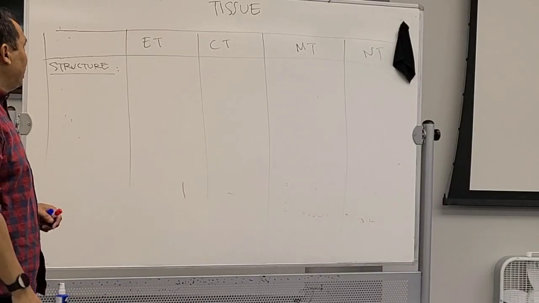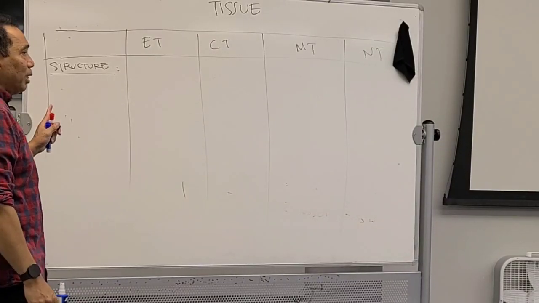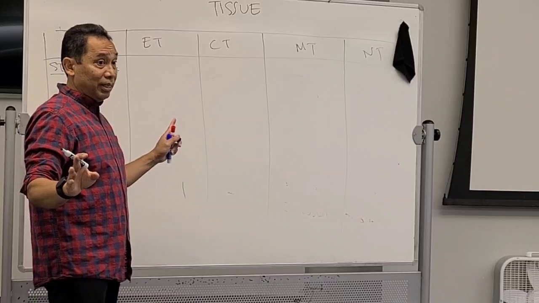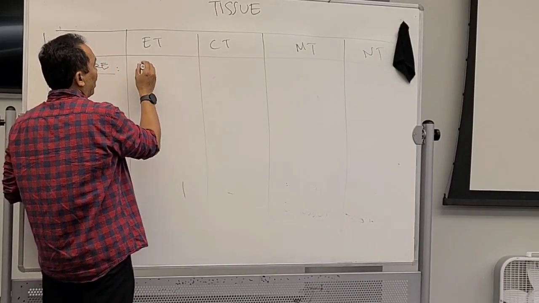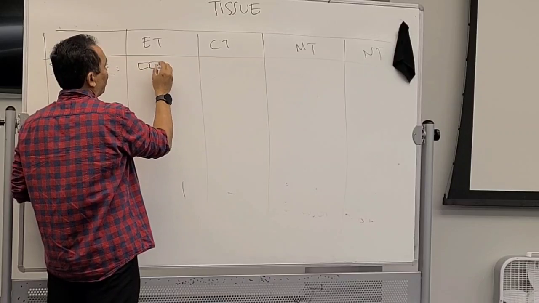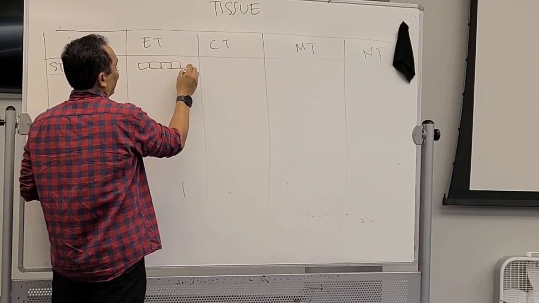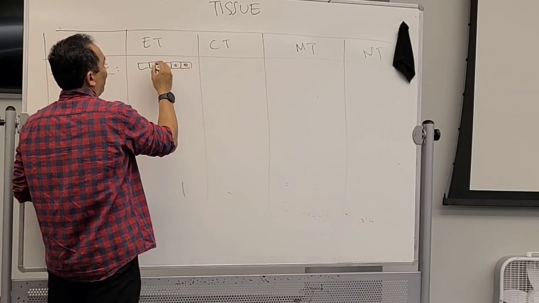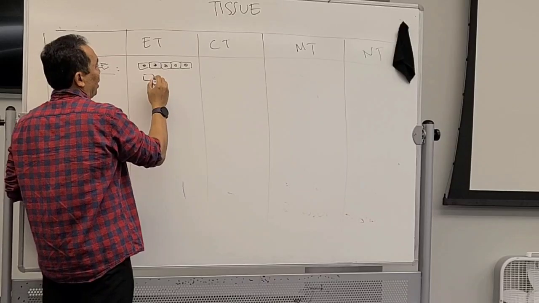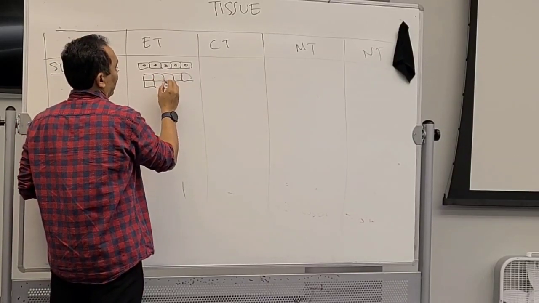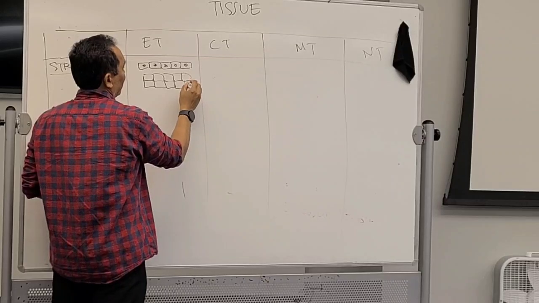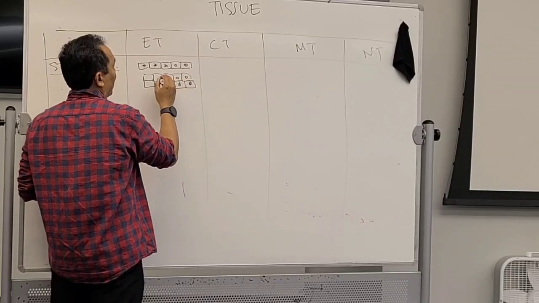How does the ET look? Remember, tissue consists of cells, right? That's a tissue, a group of cells. The ET will always have cells that bind together. Maybe one layer, maybe many layers. It doesn't really matter, but it's based on the structure.